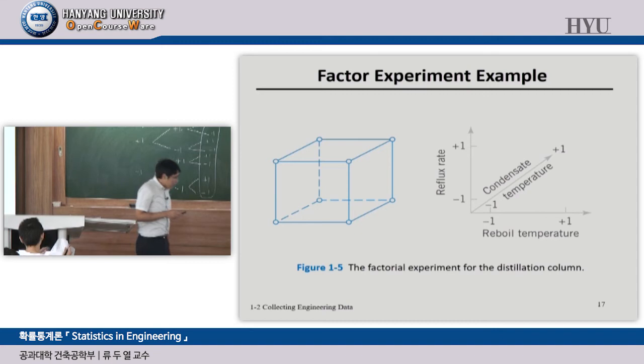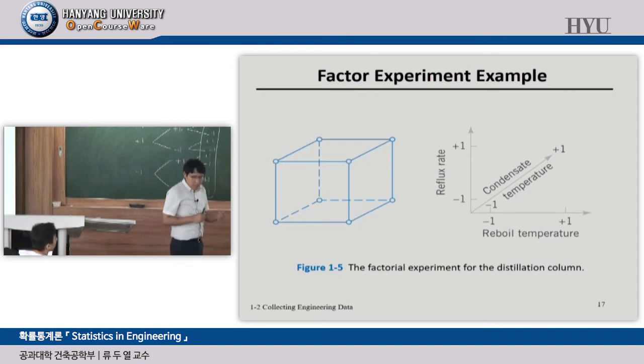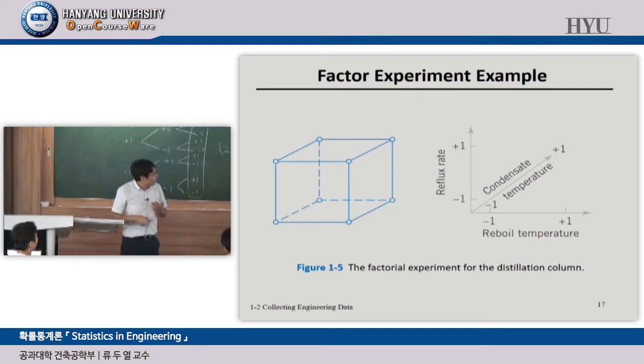And also, we can think about the coordinate system. We have 3 inputs. The first one is the reflux rate, the second one is the reboiler temperature, and the third one is the condensate temperature. And for each input, we have two options: the first one is low, the other one is high. So based on this coordinate system, we can simply make this cube, hexahedron system.